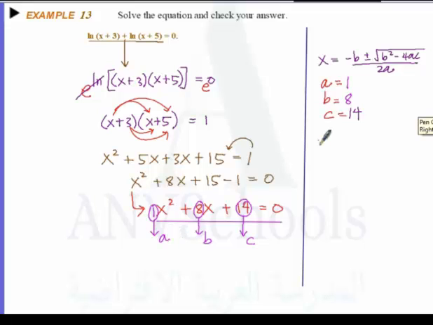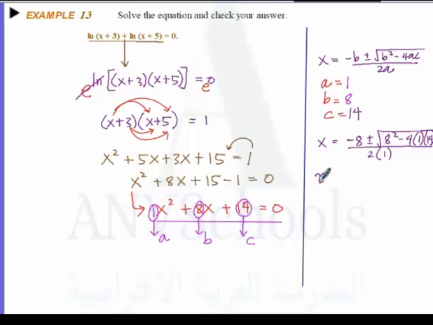So x is equal to, substituting all of the given values for the variables, negative 8 plus or minus the square root of 8 squared minus 4 times 1 times 14, over 2 times 1.